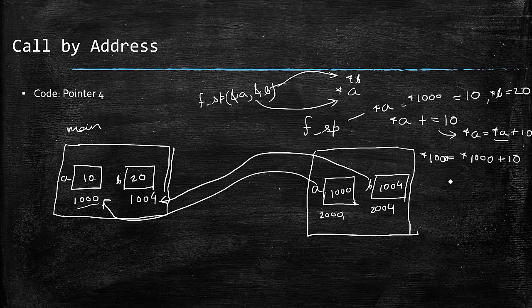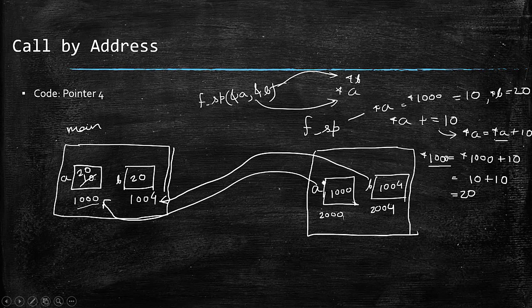So *A means 10, which is actually the value of the original variable A, plus 10, that is 20. And this 20 will be stored in this location. So for this operation, we are actually making a change in the original value of A, which is in the main function, by using its pointer. So A will become 20.